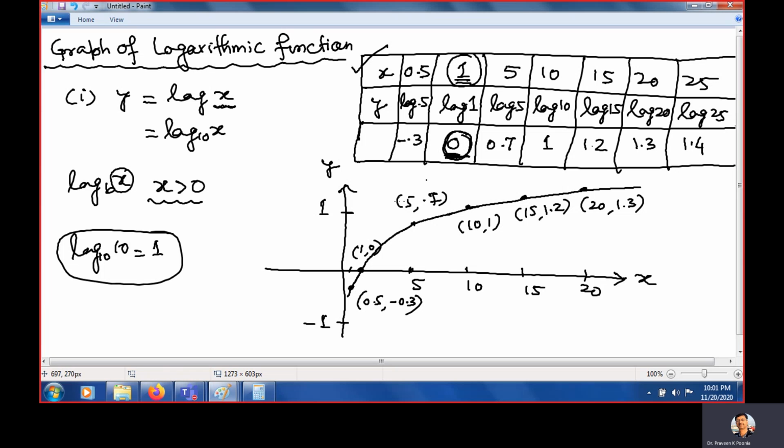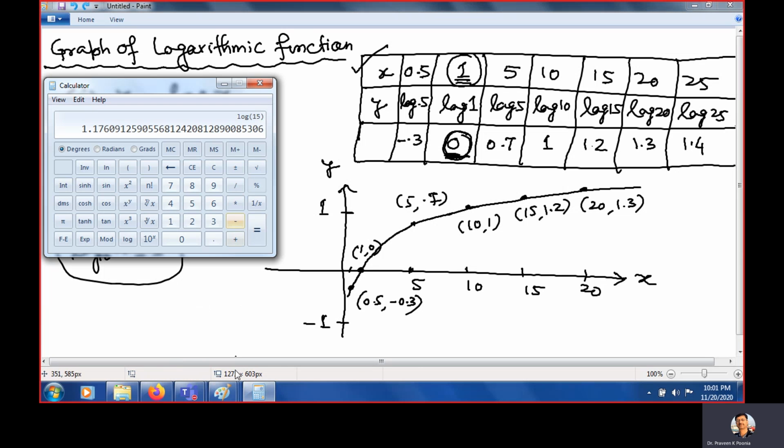Then you need to take one value that gives a negative output, because the graph starts on the negative side of y. The graph of log x always looks like this, so you need to search for one value here and one value here. Here 0, here negative. This you need to remember and focus on.